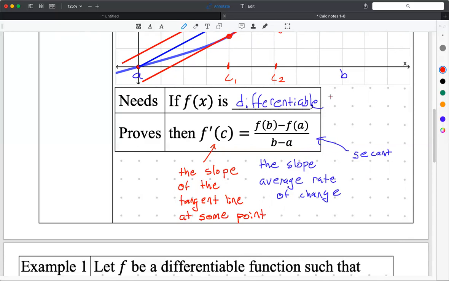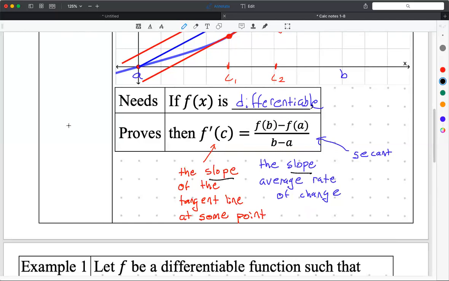So we know that IVT needs continuous and it proves heights. EVT needs continuous and closed and it proves minimums and maximums. This needs differentiable and it proves, and you can underline it here, slopes. Everything here is a slope.